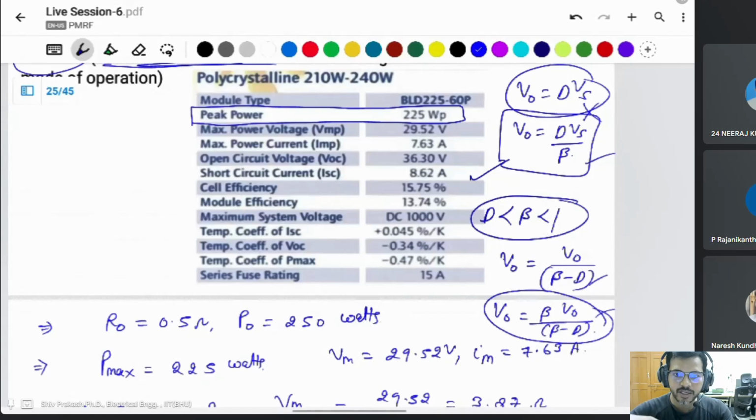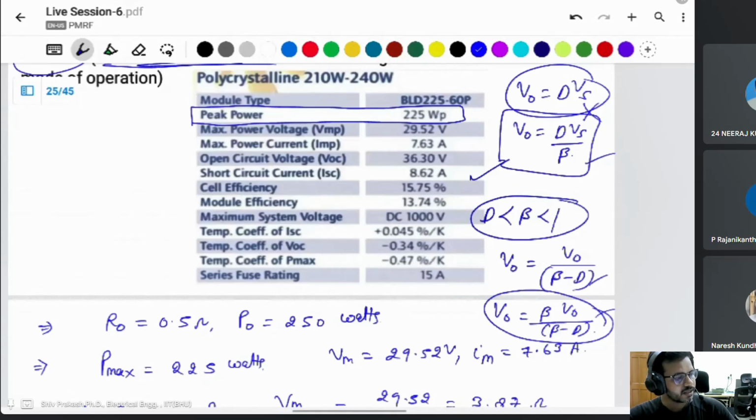But the ripple current is very high in discontinuous conduction mode. If there is a battery on the input side, the battery has a ripple current going out of it, and then the battery lifetime will deteriorate. That's why most of the time it works in continuous conduction mode only.